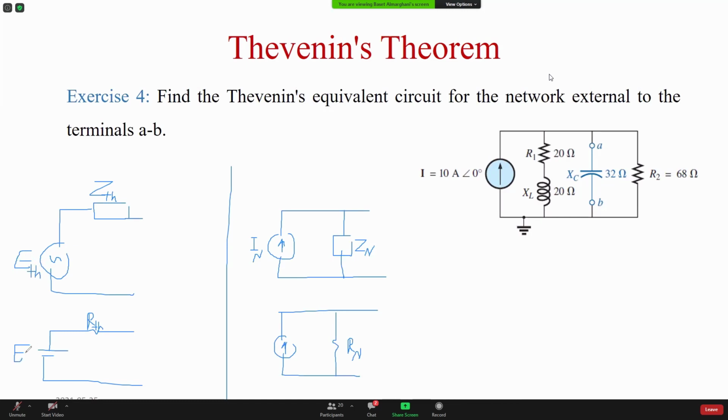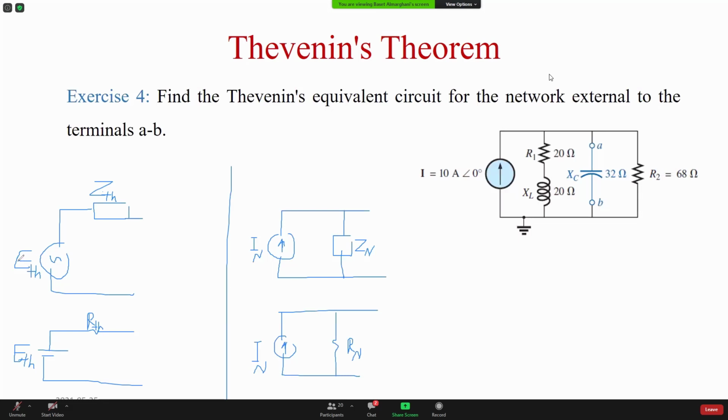So this impedance or this resistance is exactly here and here, just a different name, but the way you find it is exactly the same. So that is nothing new.